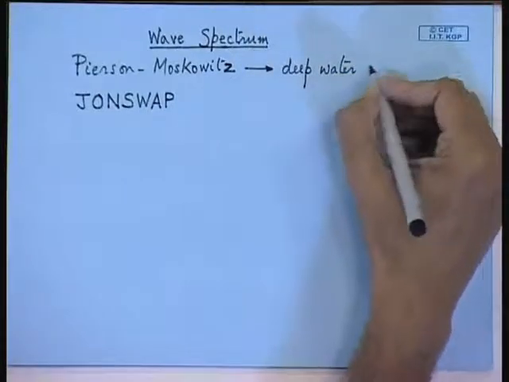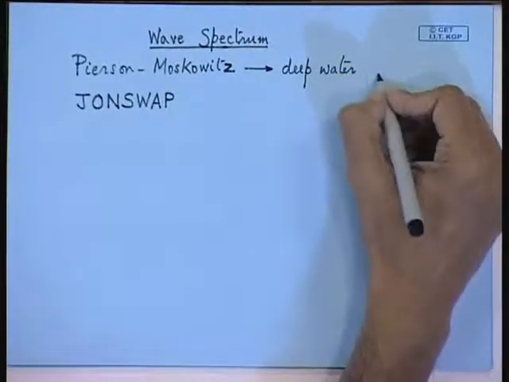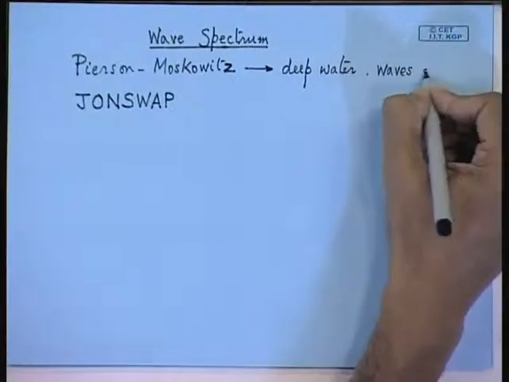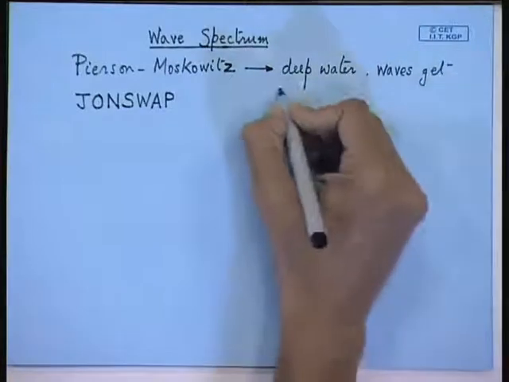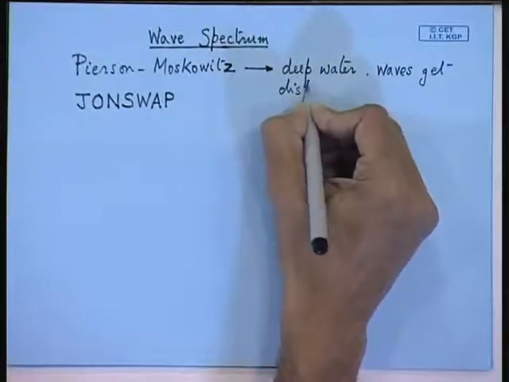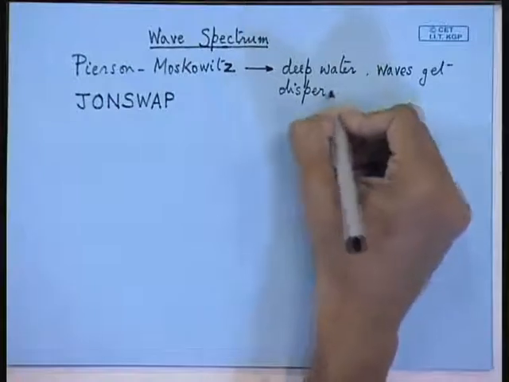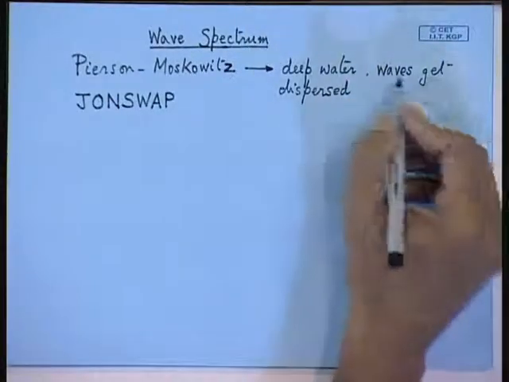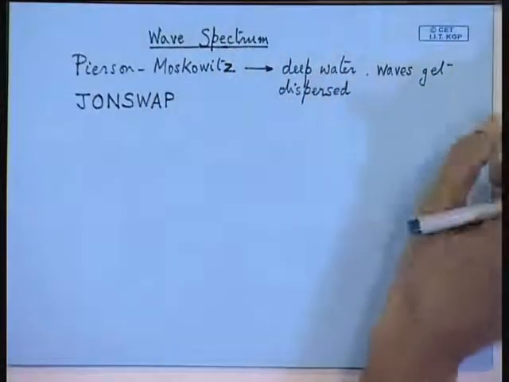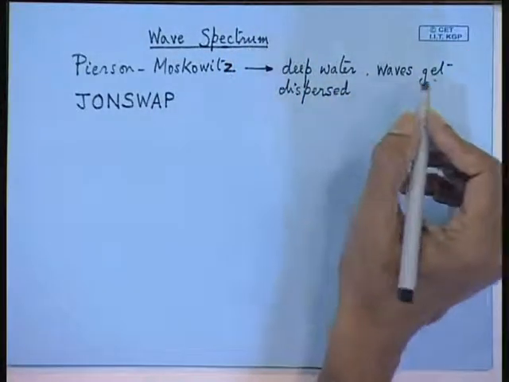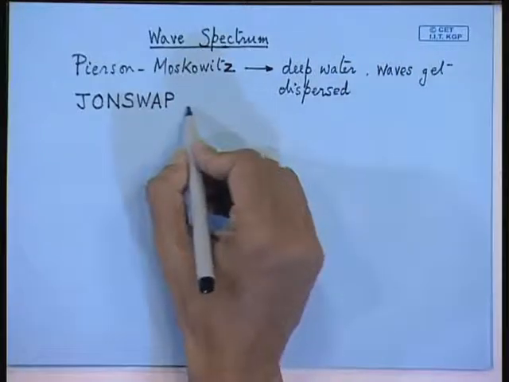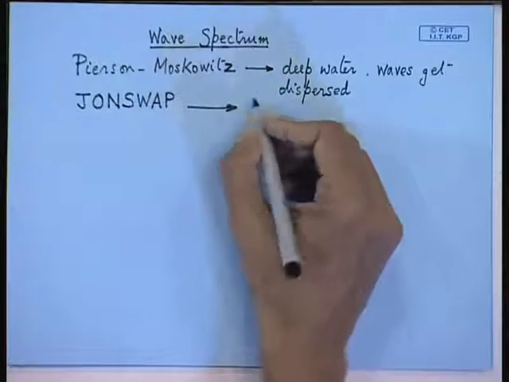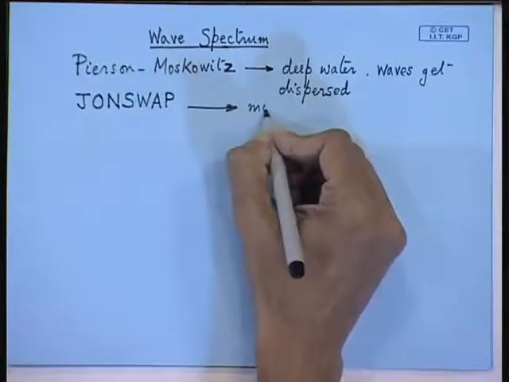Now, in deep water you will find waves get dispersed. That means if you come across hydrodynamics or oceanography, the various waves get dispersed in deep water, whereas JONSWAP is more applied in coastal waters.